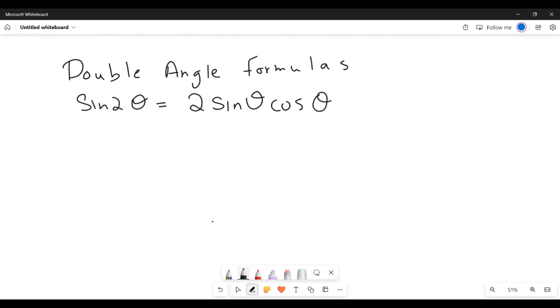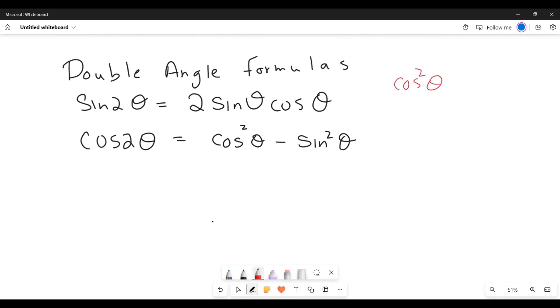Okay. Similarly, cos 2 theta is equal to cos square theta minus sine square theta. Also, by using the identity cos square theta plus sine square theta equals 1, you get two more variations of this.